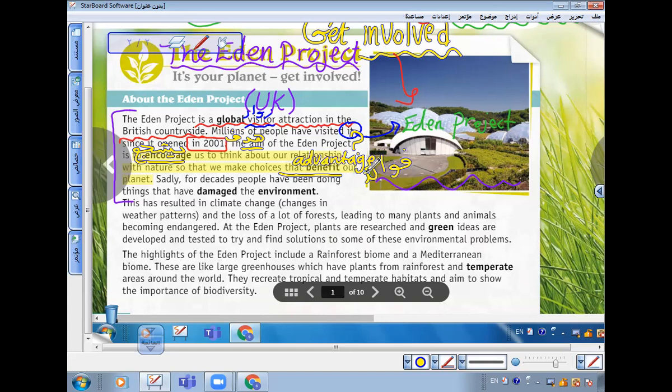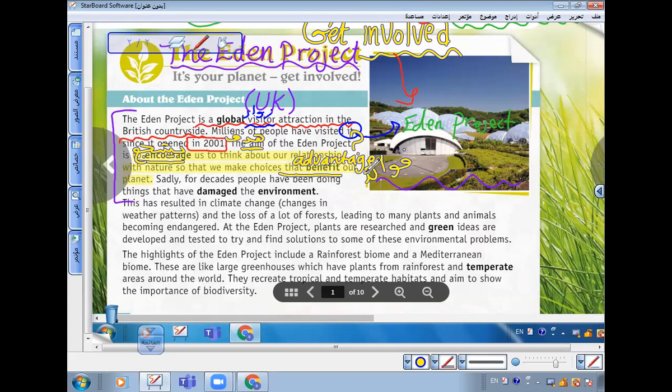Okay. Imagine with me that we visit the Eden Project. What can you see in Eden Project? Plants, different kinds of plants, different kinds of animals. That's why, what's the aim of Eden Project?